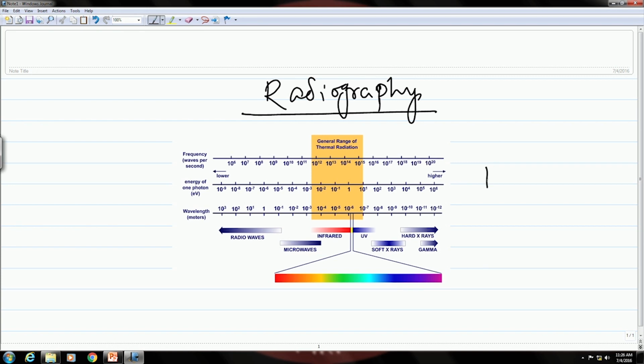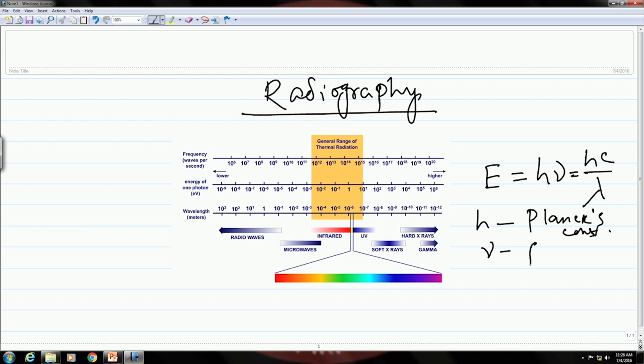the energy E and the wavelength or frequency is given by this: E = hν = hc/λ, wherein h is Planck's constant, ν is the frequency, λ is the wavelength, and c is the speed of light.